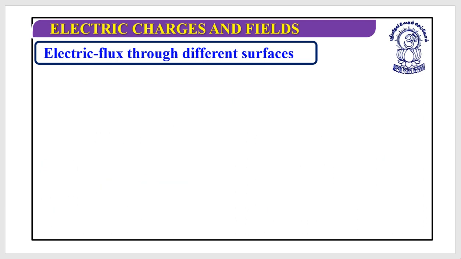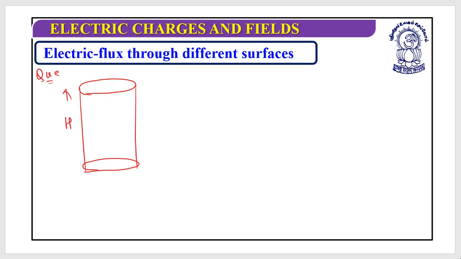Next numerical. Suppose you have been given a cylinder having height h, and let's say this is the radius, which is r, and the direction of electric field would be in this direction.